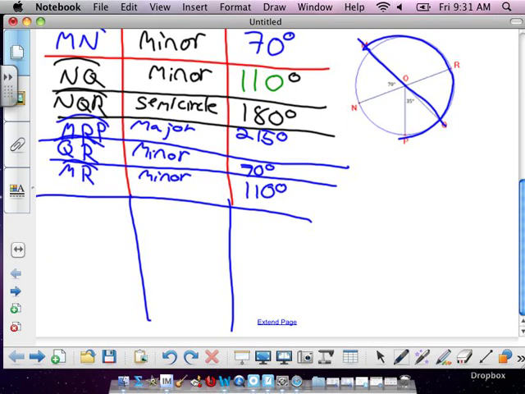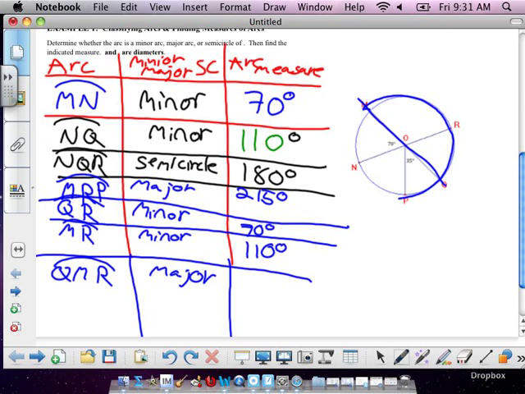Okay, arc QMR, major or minor? Is it over 180 or under? Major. And then how many degrees? How many degrees is this little piece right here? 70.